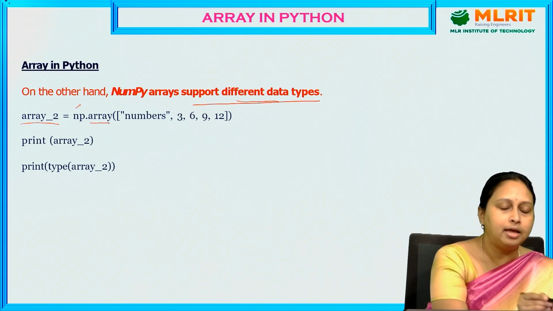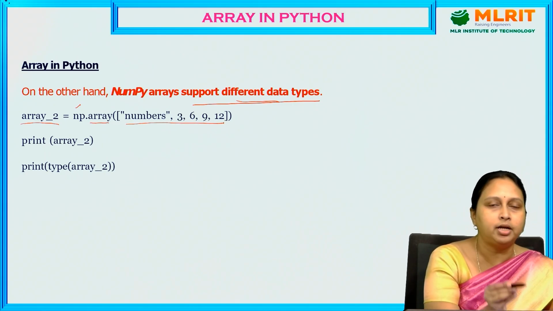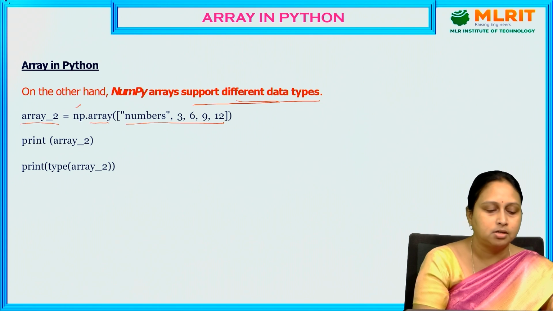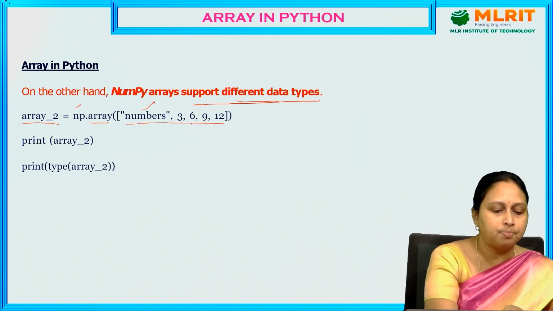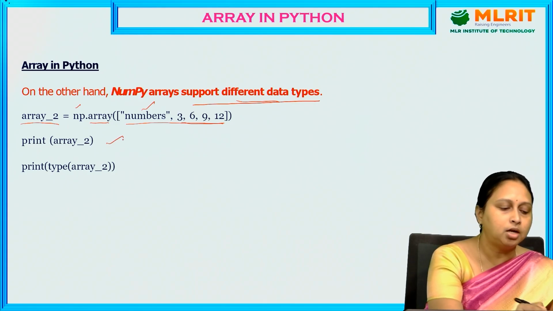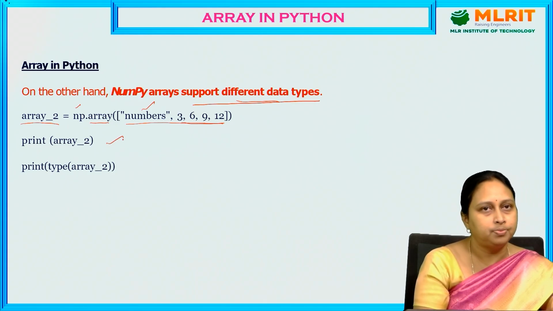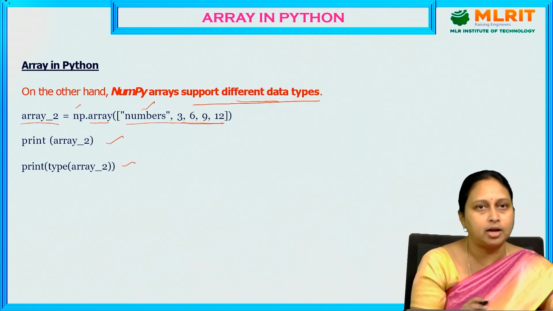And this is the array we are going to represent, and here we are passing different data types. This is a string and these are the integer values. Different data types are passed into an array. Based on that, we are able to print the array elements, and if you want to find the type of it, that can also be done.